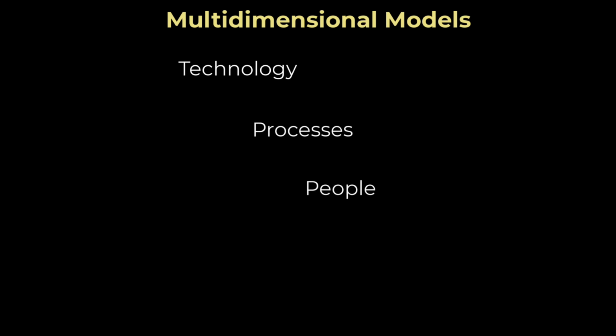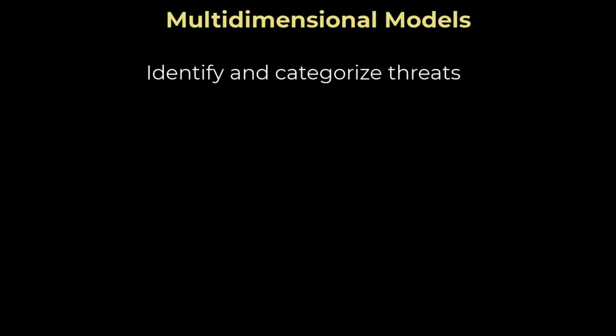Cyber threats are no longer isolated incidents, but interconnected risks that impact organizations at different levels. Multidimensional threat models help organizations to identify and categorize threats based on multiple factors, including financial impact, operational disruptions, and reputational risks.